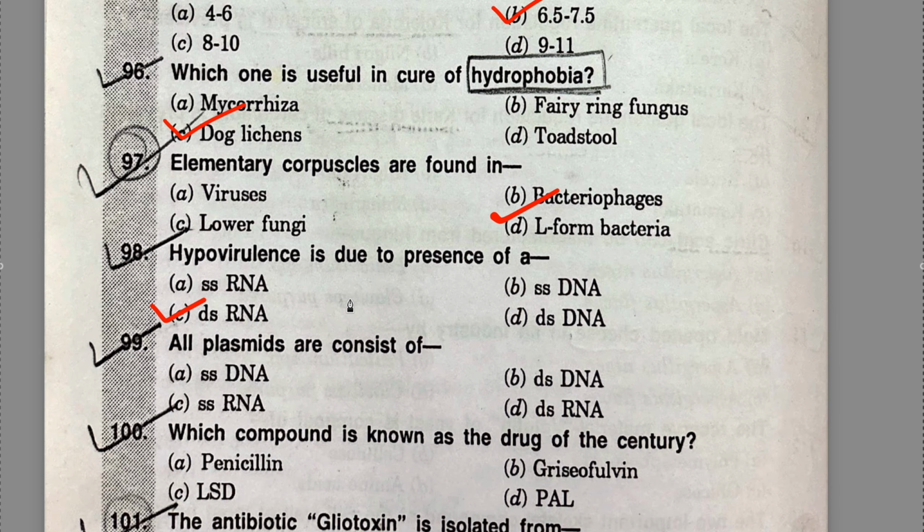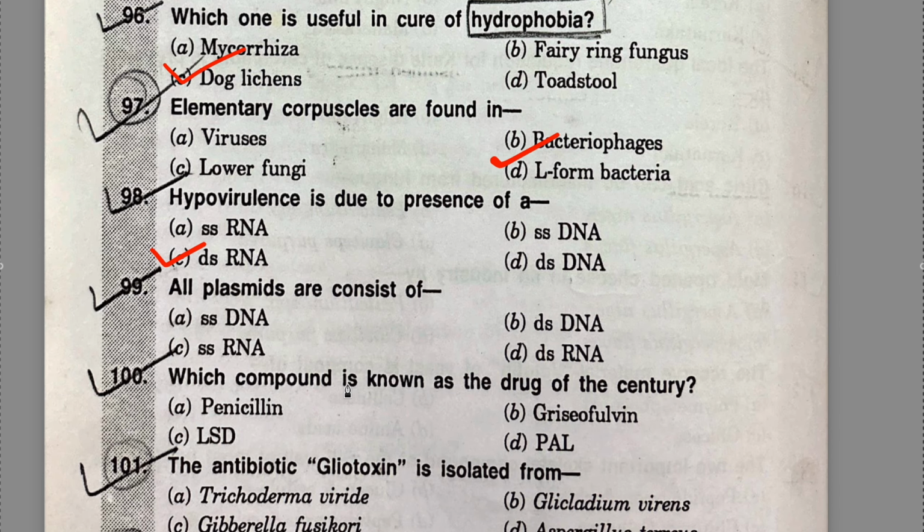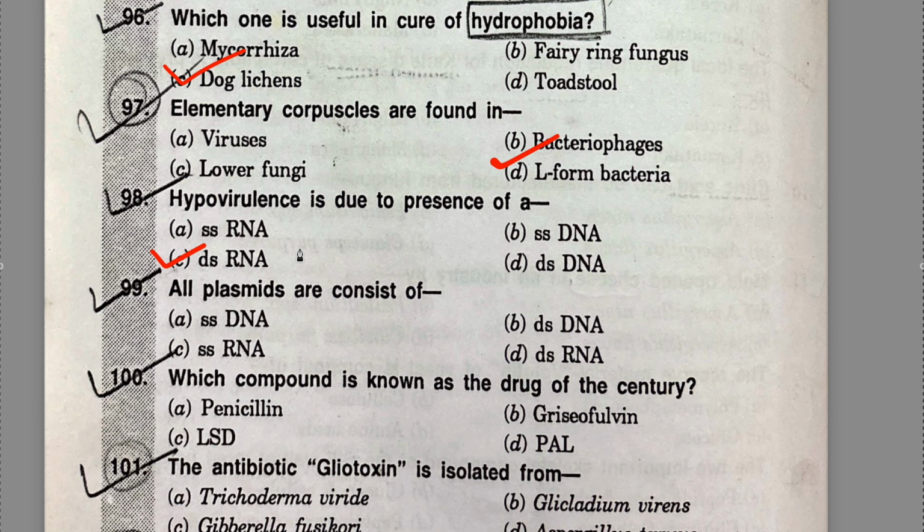It's dsRNA. Can anybody tell me hypovirulence is used to control which disease? Any guesses? It's chestnut blight.